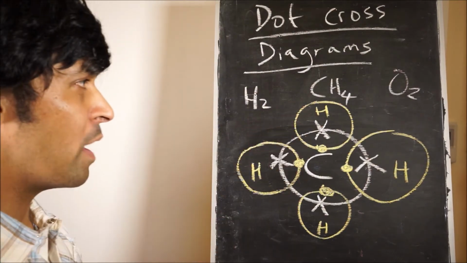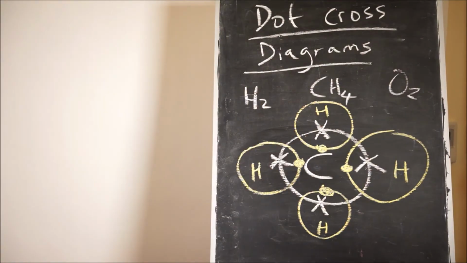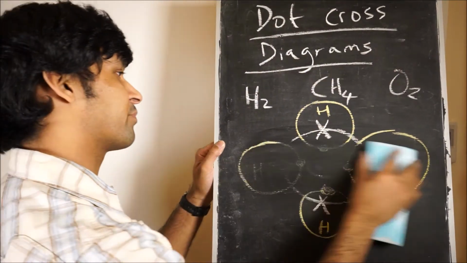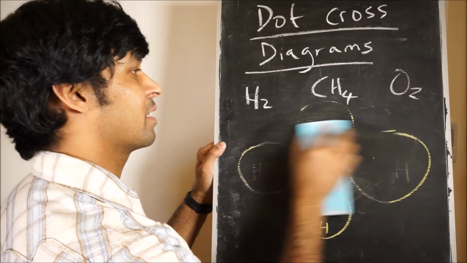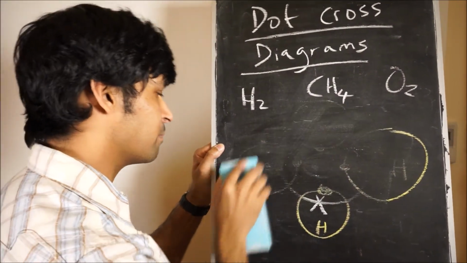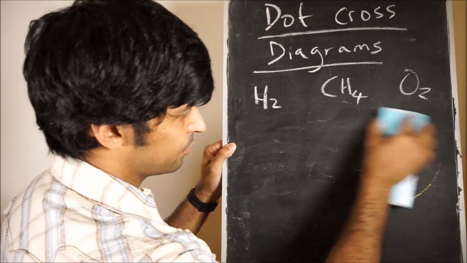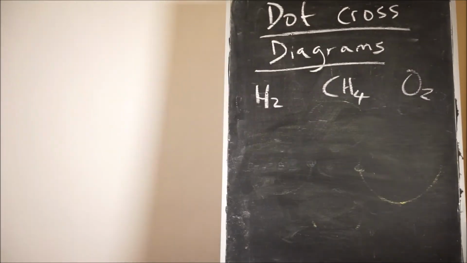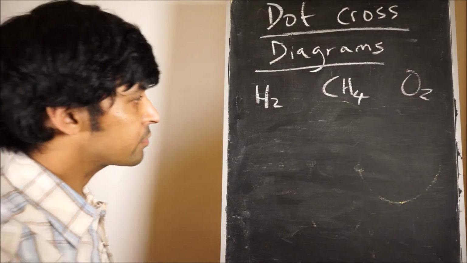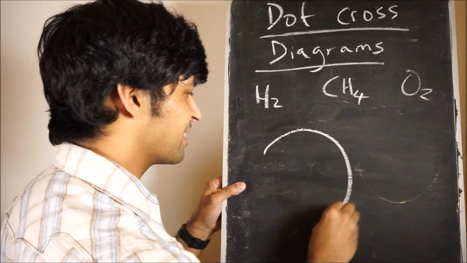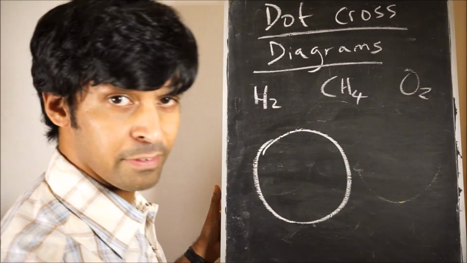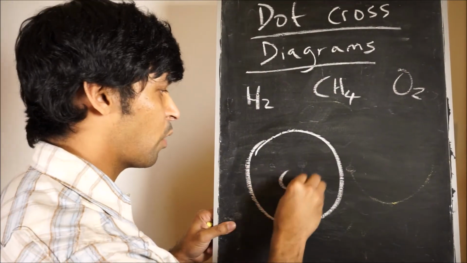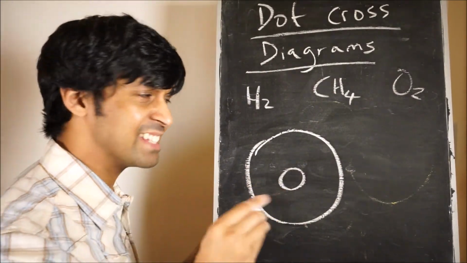Let's look at another one. Let's look at oxygen. Now, oxygen's a good one. You'll like oxygen. Not a lot, but you'll like it. Let's get rid of all of that. Okay, so how many valence electrons does oxygen have? Well, it's in group 16, which means that's 6.